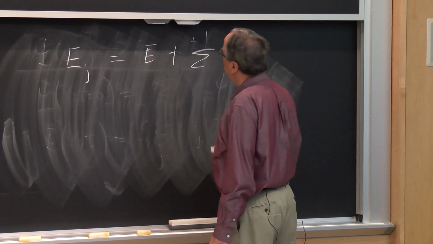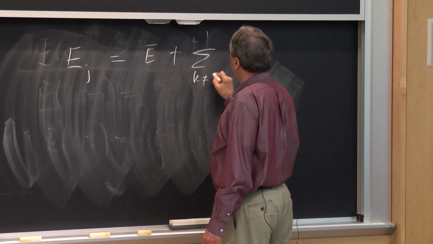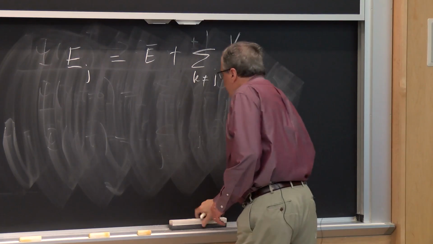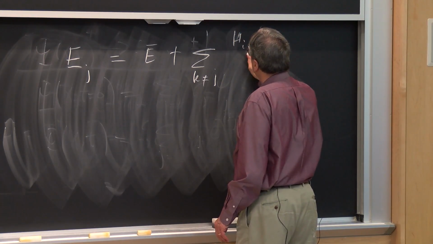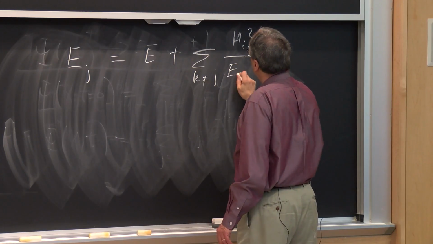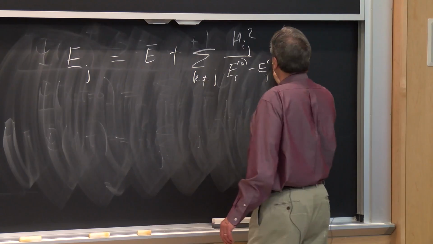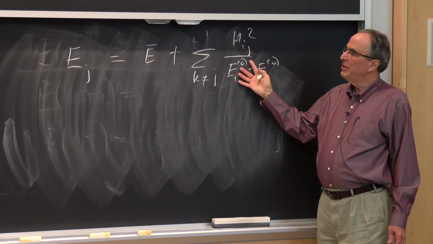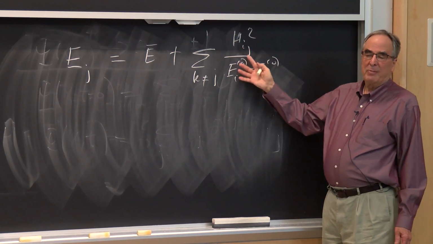a sum over k not equal to j of V squared over the energy denominator. This is the formula for the correction of the energy by second order perturbation theory.